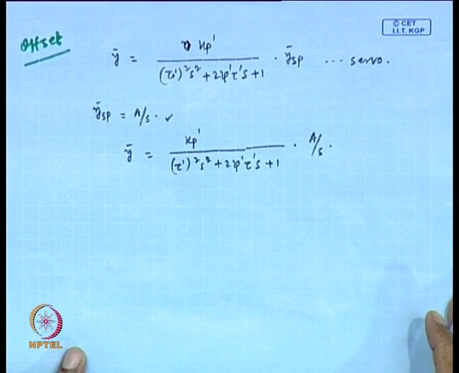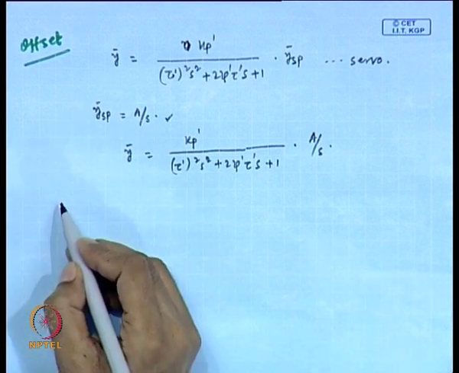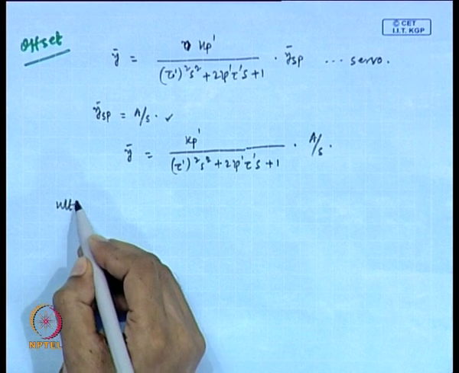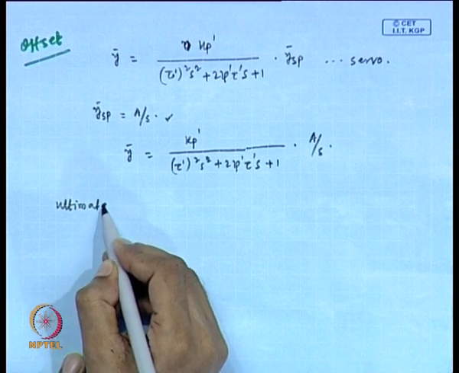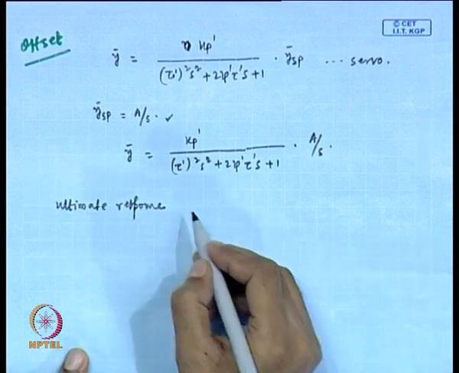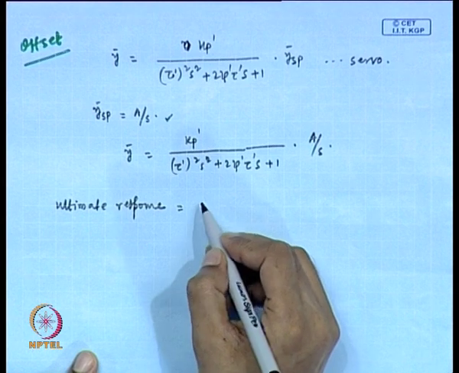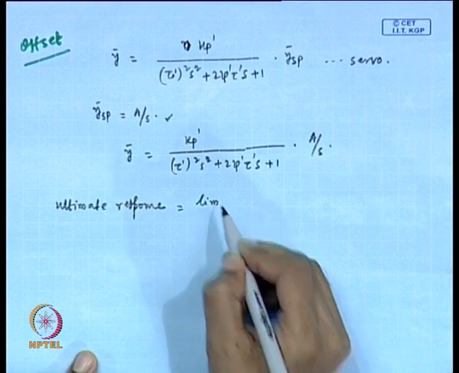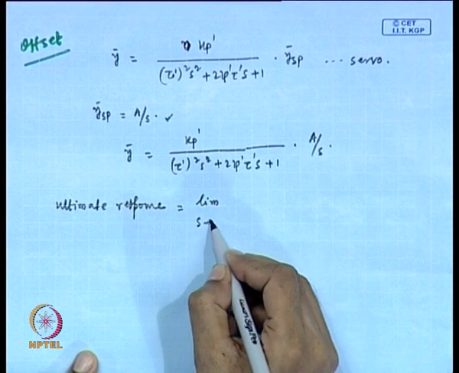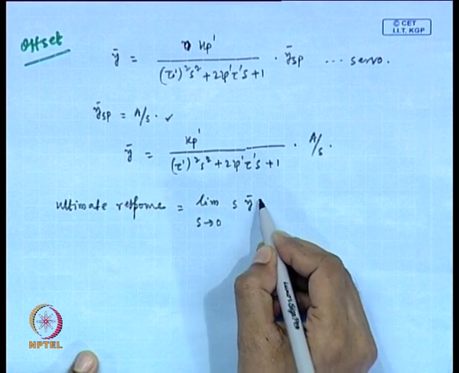Now, according to the final value theorem, the ultimate response we determine as limit s tends to 0 of s y bar s.